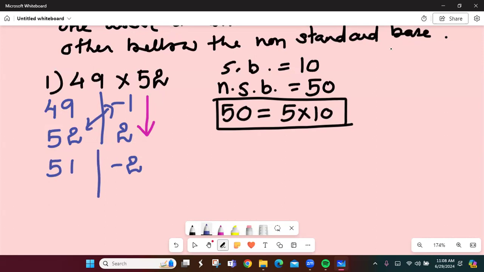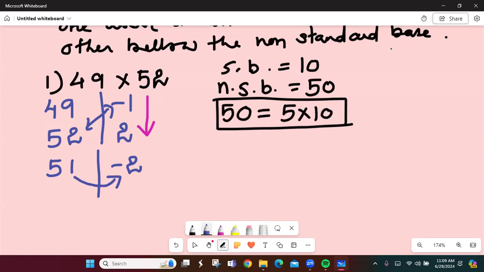Now here, the number or the product that I have got in the right partition, the right cell, is negative. But keep in mind that this represents a digit in the product, which cannot be negative. So to change it to positive, what do I have to do? I will carry backward one.